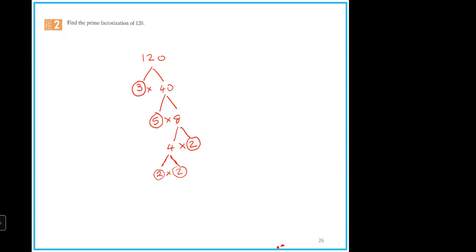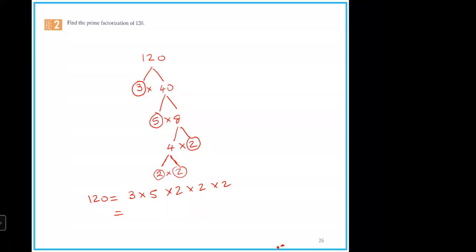So once all your numbers are prime, you say 120 equals 3 times 5 times 2 times 2 times 2. If you write that in order, what would you get?